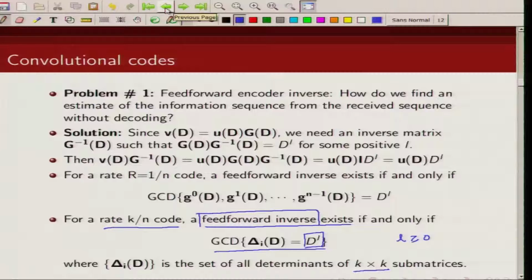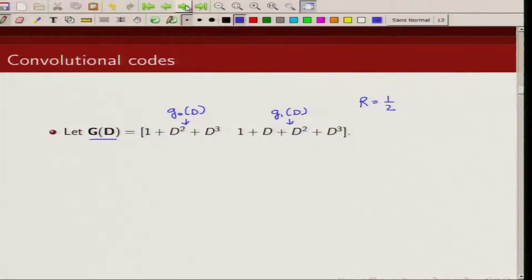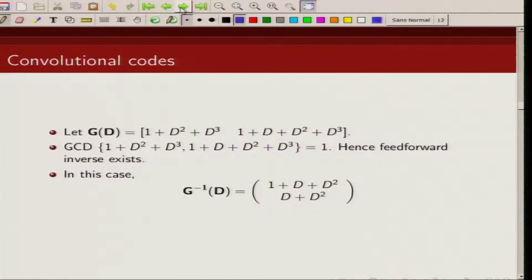Going back to our condition for the encoder inverse to exist, this condition is satisfied. So, this particular code will have a feedforward encoder inverse, given by this. You can check that G(D) times the inverse will be 1.